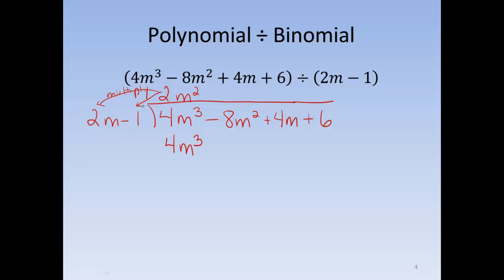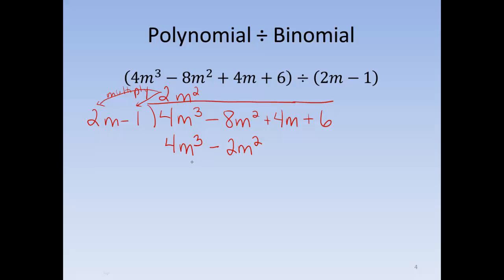I have to distribute, and I get negative 2m to the second. A couple things I want to point out. First, these first 2 terms are identical, and they should be. Second, I have like terms lined up. That also should happen.